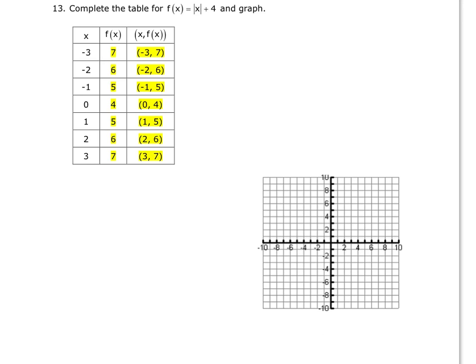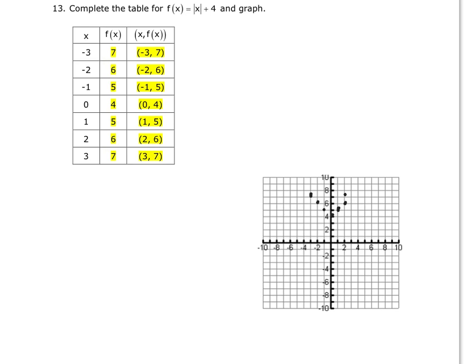(-3, 7) would be a point here. Whoops. My stylus has a very fat tip. (-2, 6), (-1, 5), 0 is at 4, 1 is at 5, 2 is at 6, and 3 is back up at 7.